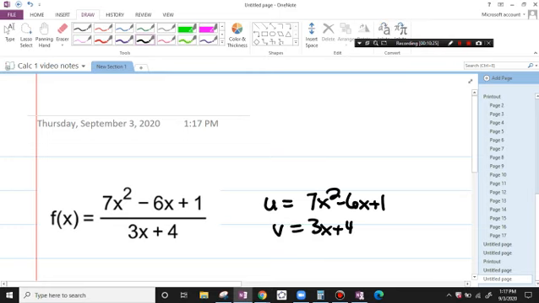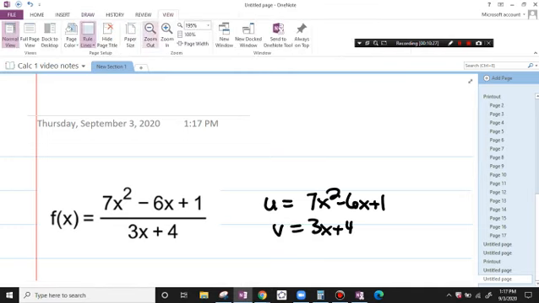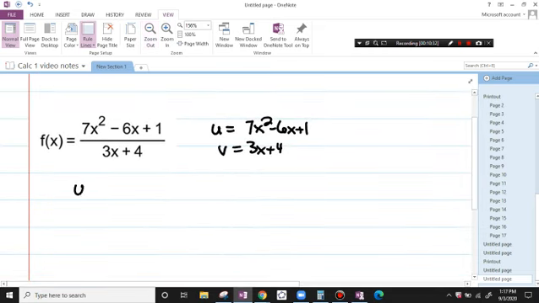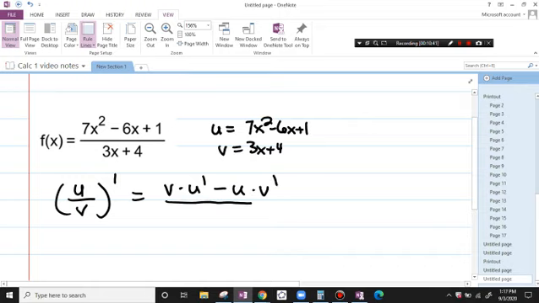We'll zoom out of this just a little bit. And then know the formula: u over v prime equals v times u prime minus u times v prime, all over v squared.